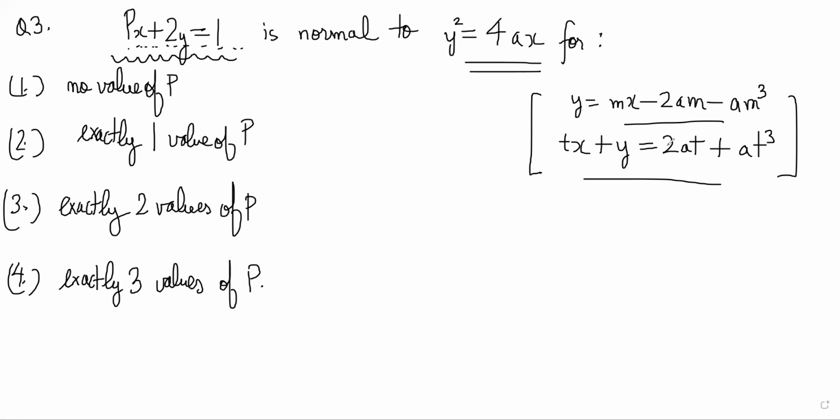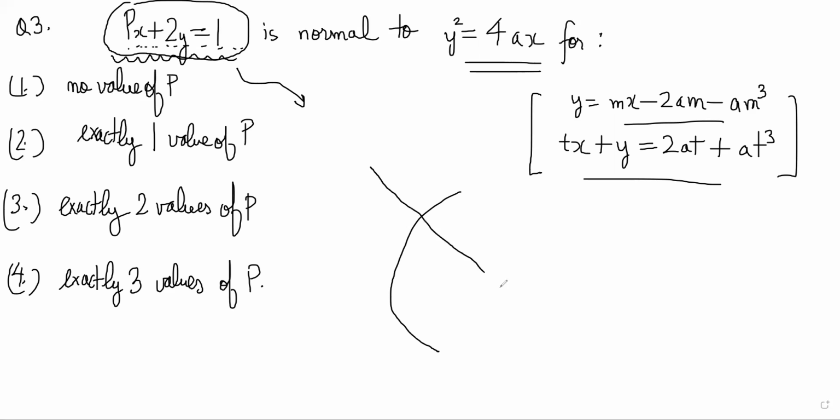Okay. Then what can you say here? Hmm. The normal here, this line, can we find a point that lies on this line? Like the parabola is like this.